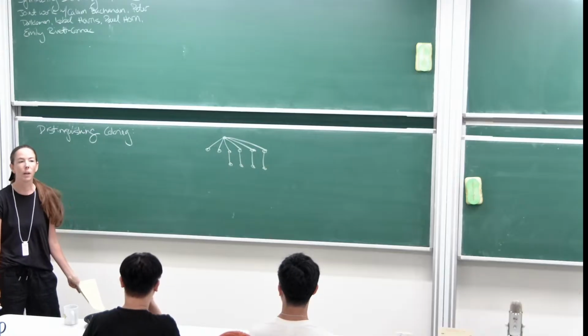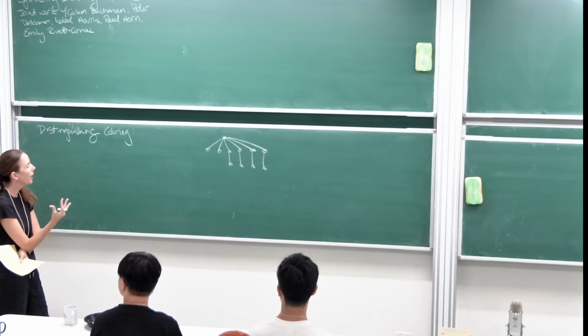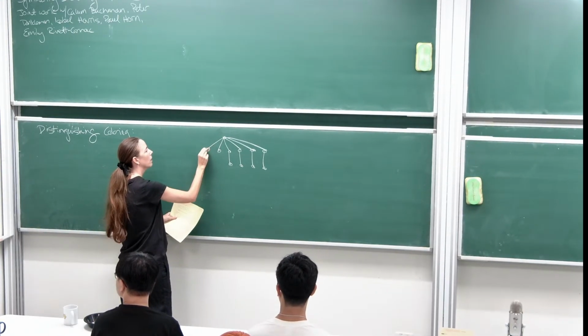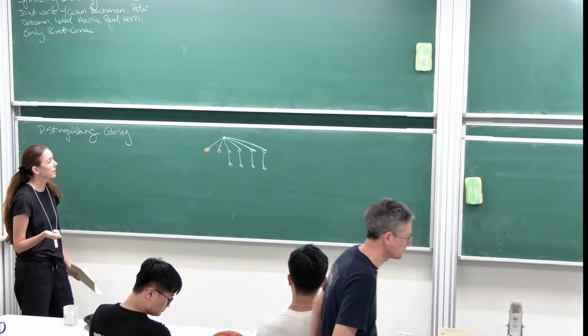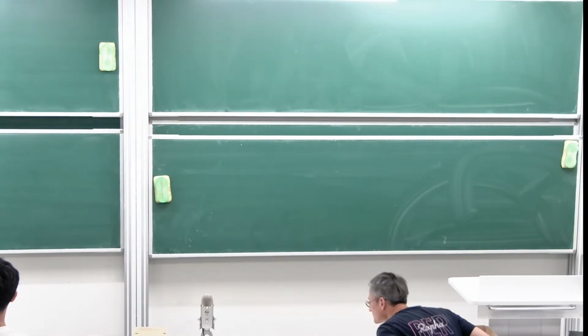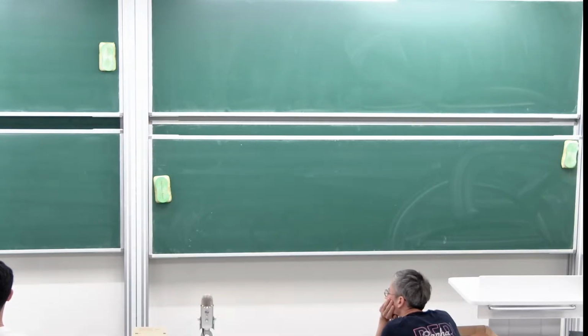I want to place a coloring on the vertices, and then I insist that any automorphism of the graph must also preserve the color classes. By making this vertex orange, I've taken away an automorphism that we used to have. When you have a distinguishing coloring, you're trying to take away all automorphisms except for the trivial automorphism. In effect, you're breaking the symmetry in the graph.